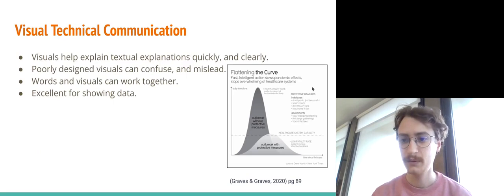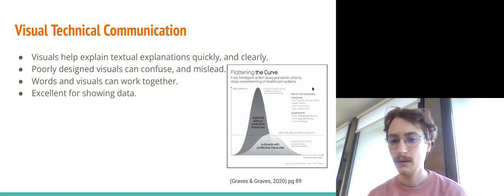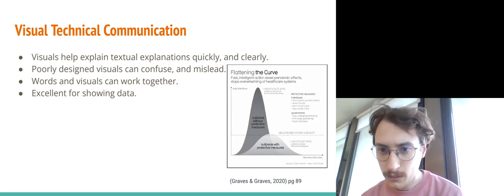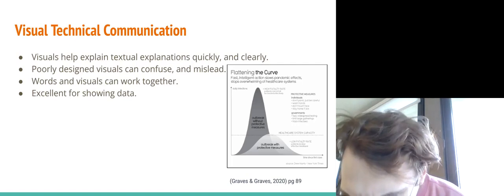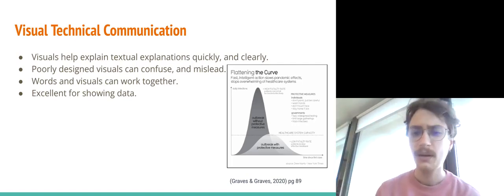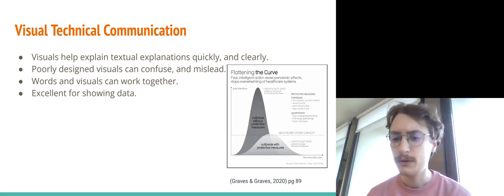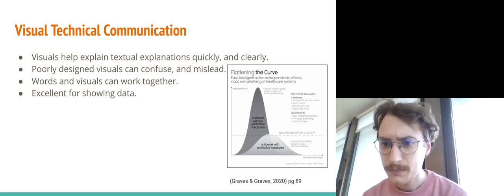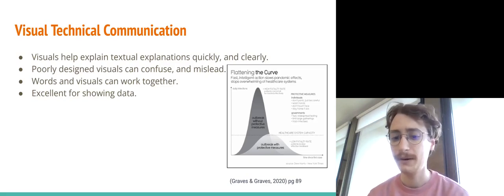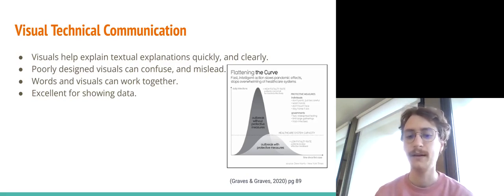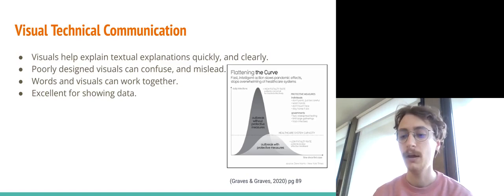For example, if you look here, Drew Harris from the New York Times made this visual showing the things we can do to combat the pandemic, because in the beginning in 2020 there was a lot of confusion on how fast the virus would spread and just how fast and dangerous it was for people.